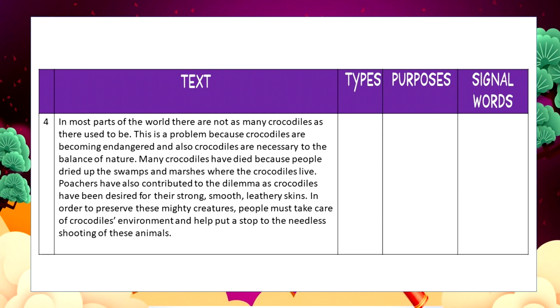Poachers have also contributed to the dilemma, as crocodiles have been desired for their strong, smooth, leathery skins. In order to preserve these mighty creatures, people must take care of the crocodile's environment and help put a stop to the needless shooting of this animal.